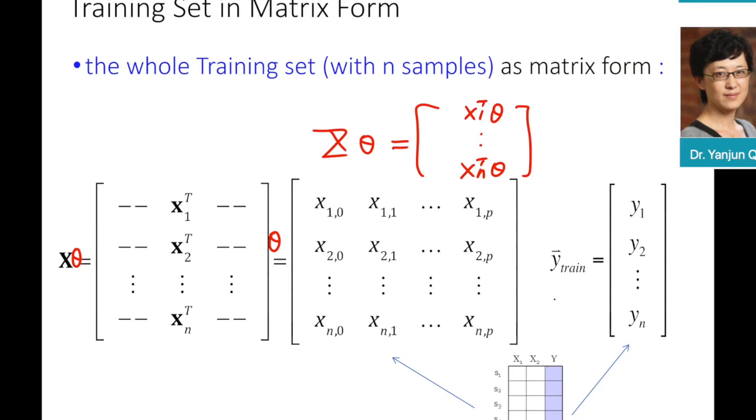All right, so we can represent that x times theta operation, not just like what we did in our simple example where you write out every one of those. You actually don't need to do that. The whole operation of applying this f to every sample in my training data can be summarized into a much more concise notation.